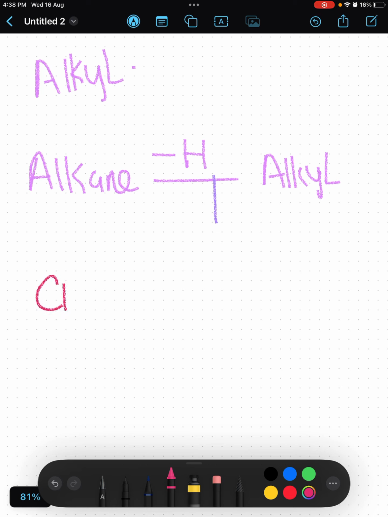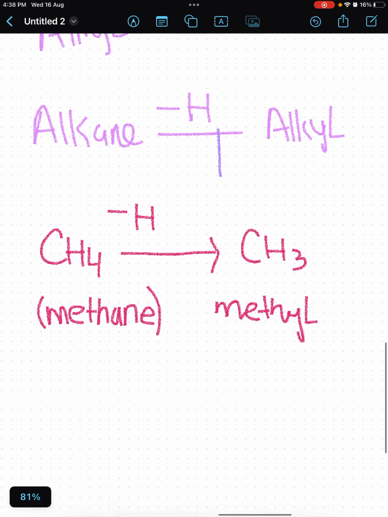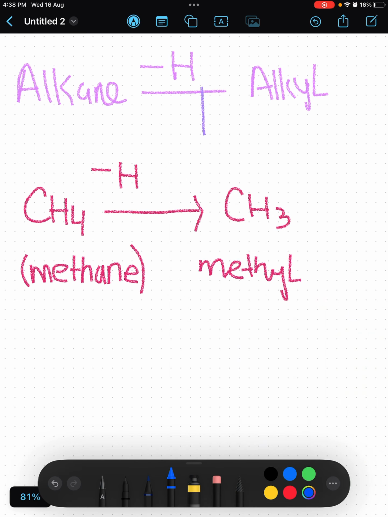For example, I have the alkane CH4, which is methane. If we remove one hydrogen from it, it will become CH3, which is methyl. Consider another alkane, C2H6, which is ethane.